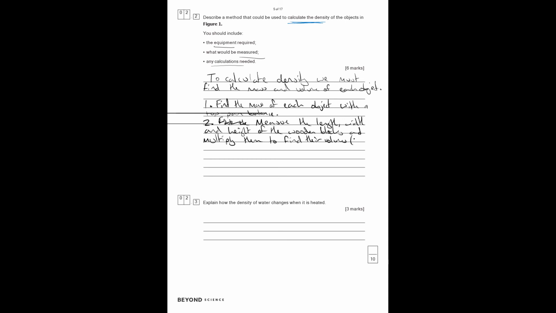I really probably should have written length times width times height as well. There we go. Now, as I said, that method wouldn't work for the irregular object, so I need to write something slightly different for that.